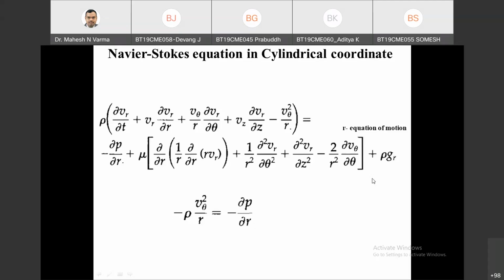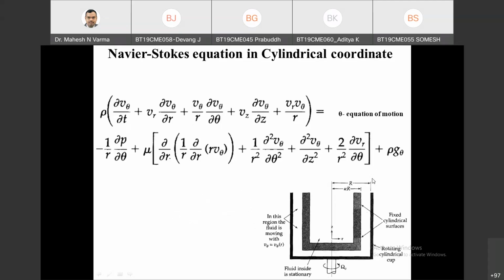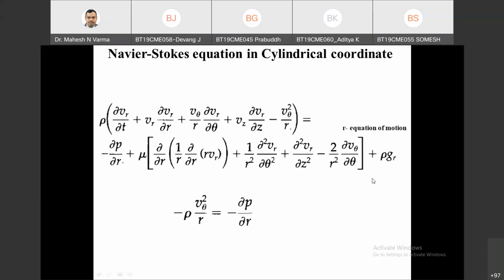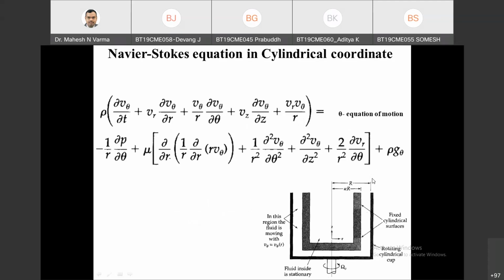Now similarly, I will go for the theta equation of motion. Okay. This is clear to everybody? What is this equation giving me? This equation is giving me how pressure is changing with respect to R. Going to the second equation, the theta equation of motion.